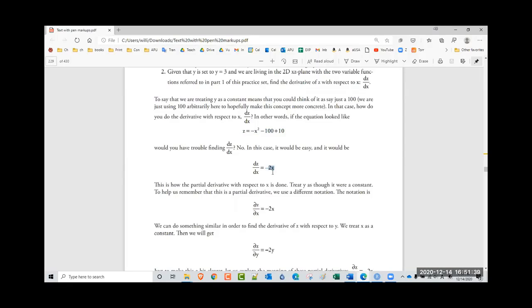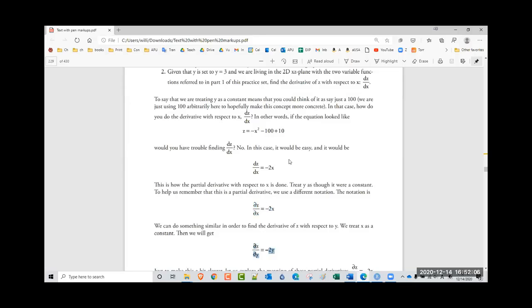So that's easy. Very simple to do the derivative, the partial derivative. Okay, that's called the partial derivative. So we really use this notation here, and we say it's the partial derivative of z with respect to x. Then how do we do the partial derivative of z with respect to y?